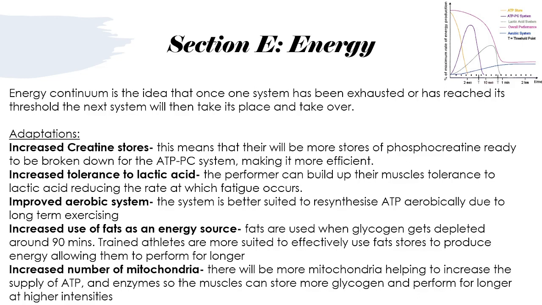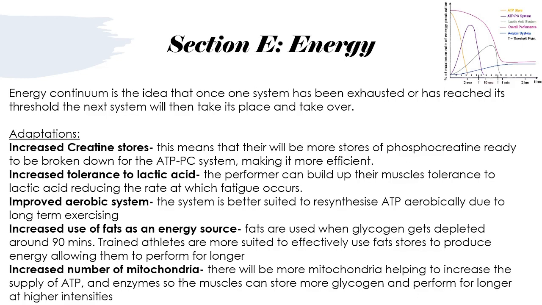Improved aerobic system is when the system is better suited to resynthesize ATP aerobically, because it is using all this ATP. Increased tolerance to lactic acid is when performers build up their muscle tolerance to lactic acid, and that causes less fatigue to occur because they're more adapted.